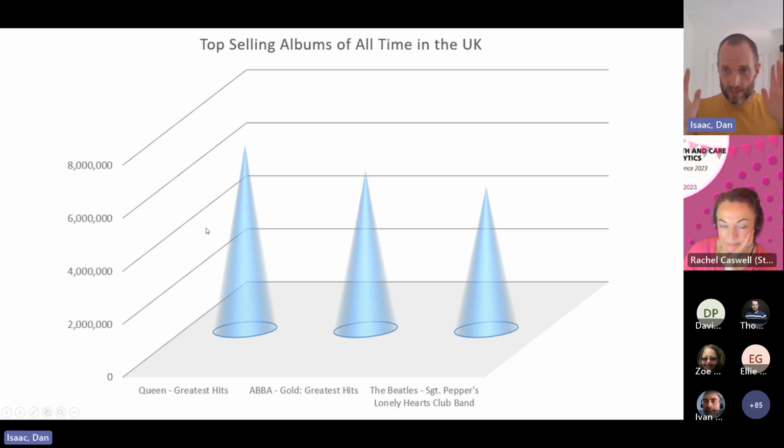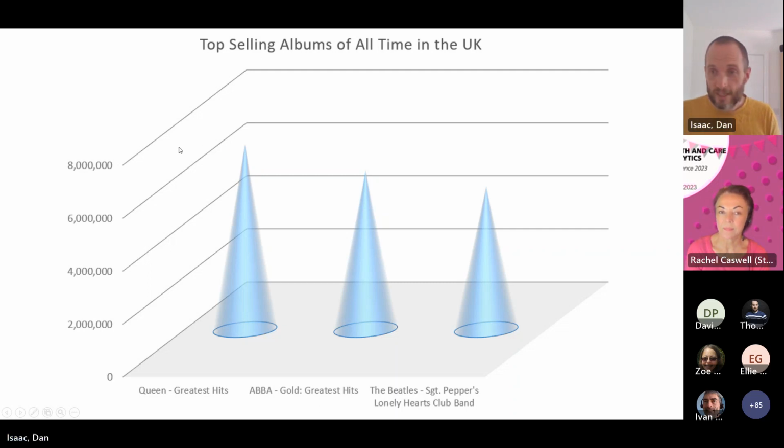But because this is 3D and this is very hard to explain, it's even harder to explain over Teams, you've got to imagine that you are looking into a kind of three-dimensional plane here. And each of these bars is sat in the middle of that three-dimensional plane. So actually the point at which this intersects the y-axis is around about here.